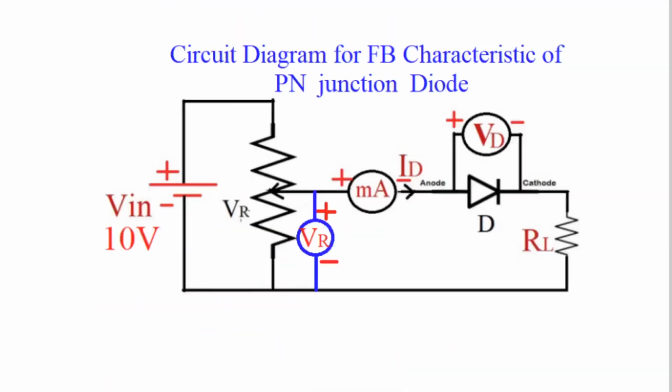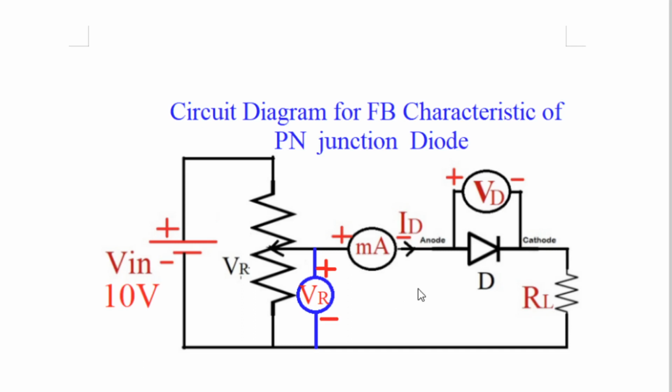So that is what we have explained here. Our PN junction diode, we are applying this variable voltage from 0.1 volt to 10 volt, but our diode will not conduct up to 0.6 volt, ideally 0.7 volt, and therefore the current flowing through the diode up to 0.6 volt is 0.